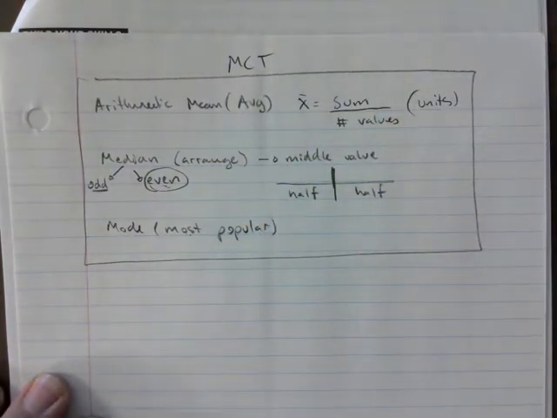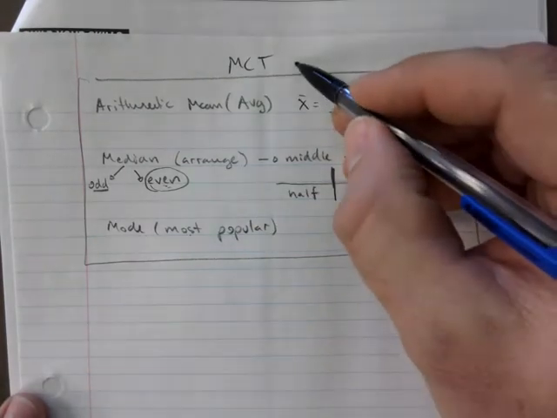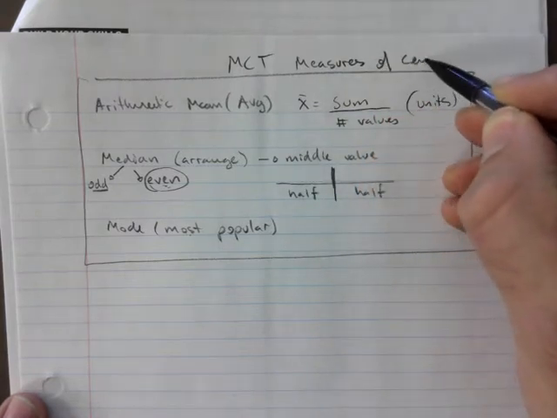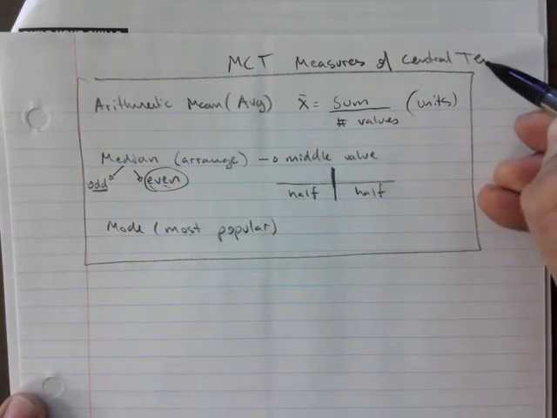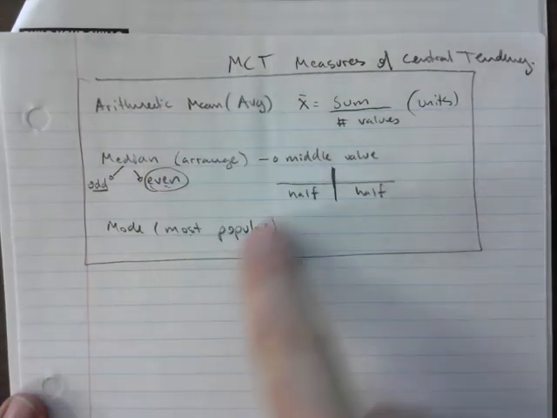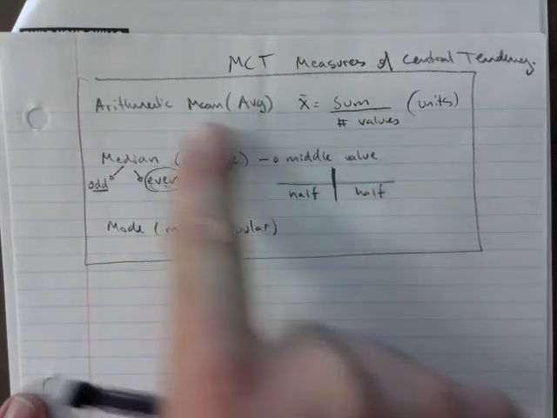Sometimes I just say which measure of central tendency is the best, and I don't want that to throw you off, right? It's in your book too. At the very beginning, I talked about that, right? Measures of central tendency.